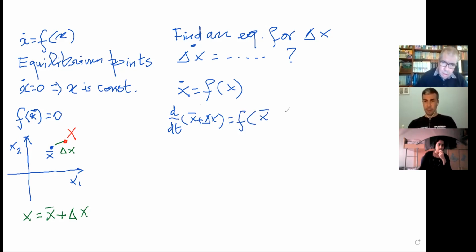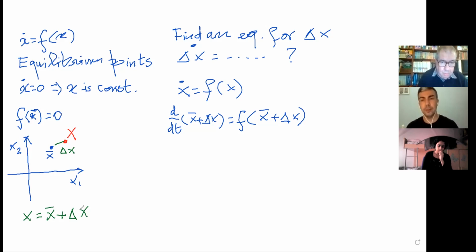Good. Do you agree, Kaveh? Yeah. Okay, so you put x bar plus delta x instead of x itself in the equation. So I know that x is the equilibrium plus the deviation from the equilibrium. This is exact. So up to now, no approximations.